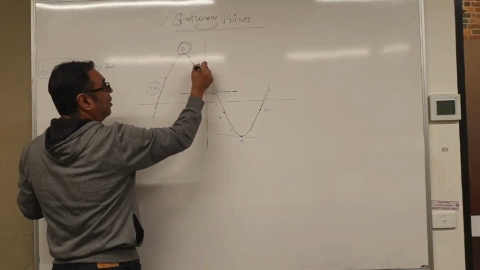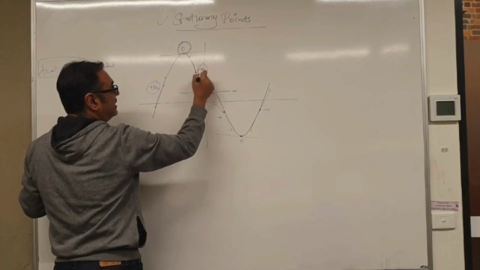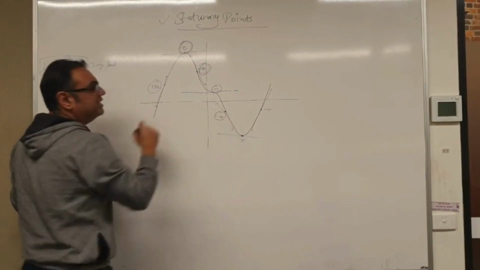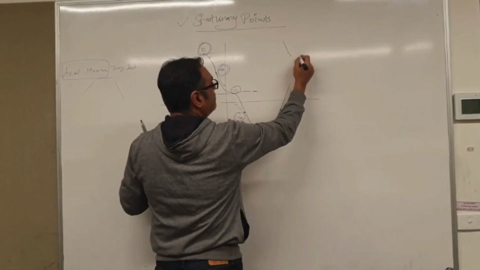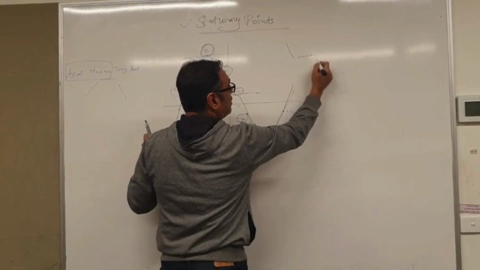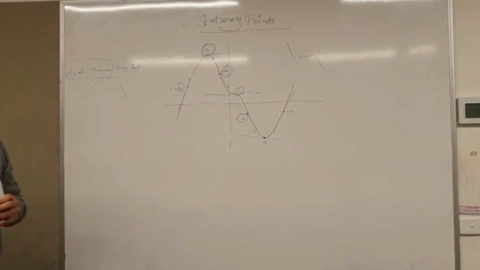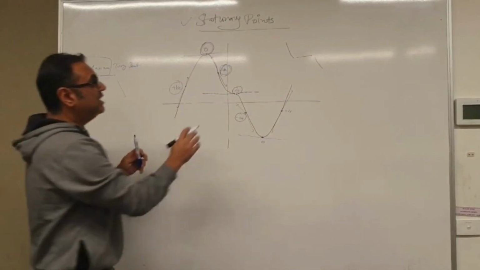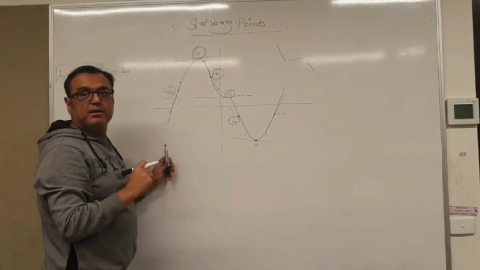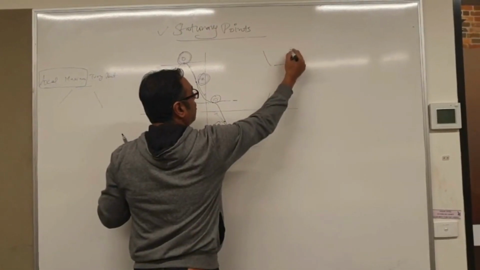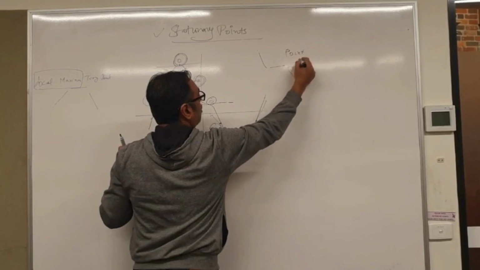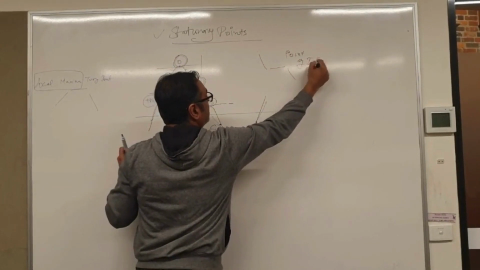Now, Ryan, see the pattern. Negative, 0, negative. This kind of a pattern is also a stationary point, but I call it a point of inflection.